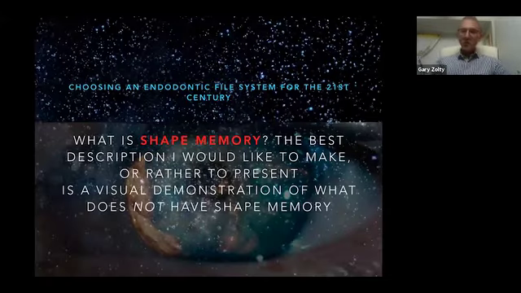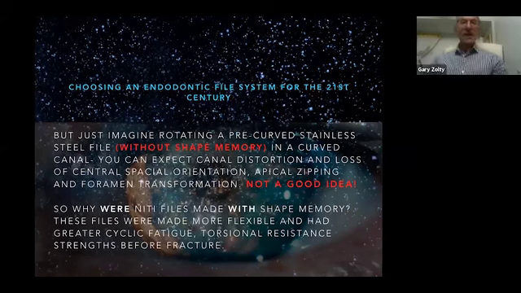Right, so we've imagined that we've pre-curved a stainless steel file without shape memory in a curved canal. You can expect canal distortion, loss of central spatial orientation, apical zipping, and foramen transformation. So that doesn't seem a good idea. So we don't take a file without shape memory into the canal. That's an important point.